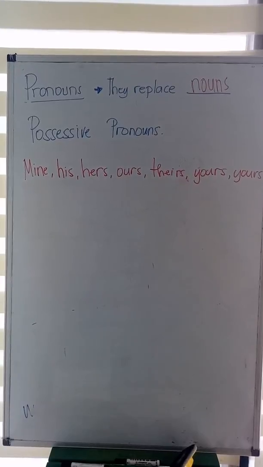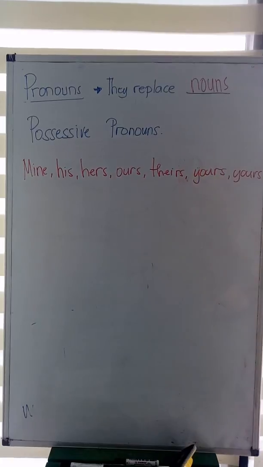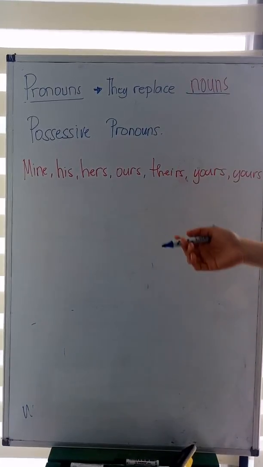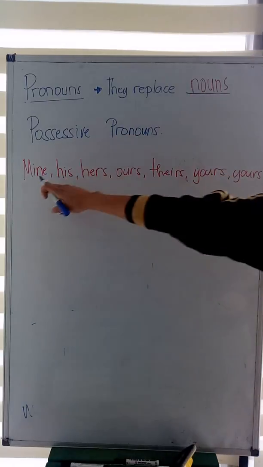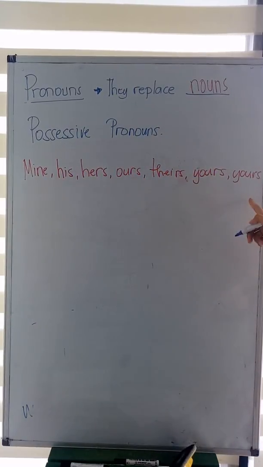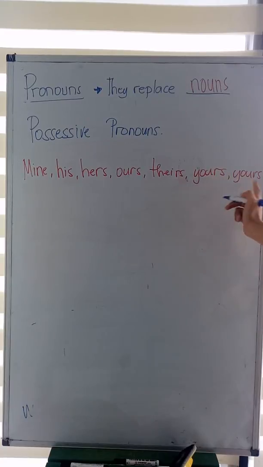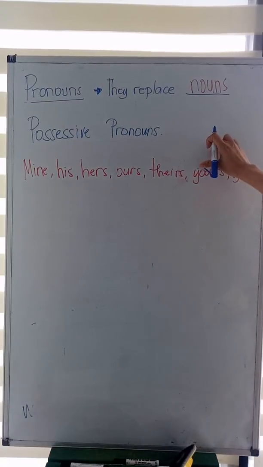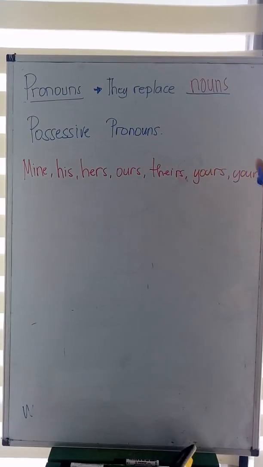Okay, next pronoun we'll review is possessive pronouns. We have just recently talked about this, last week. We use possessive pronouns to show possession or ownership in a sentence, all right? Remember that. The examples of possessive pronouns are mine, his, hers, ours, theirs, yours, yours. You might ask why there are two yours here. One yours is for singular, and the other yours is for plural, okay?